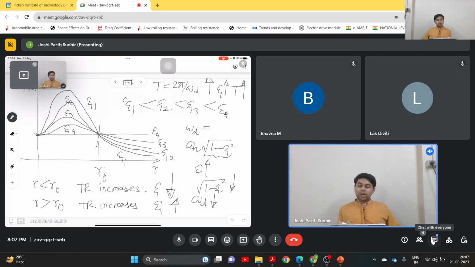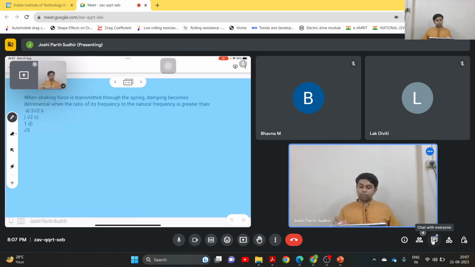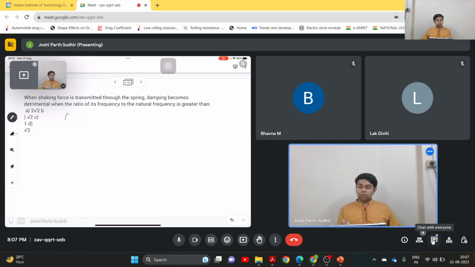When the frequency ratio is less than R naught, with increase in damping, the transmissibility ratio will decrease, whereas when the frequency ratio increases beyond R naught, the transmissibility ratio will increase. That is the zone where damping becomes detrimental. So we need to find out this value of R naught.